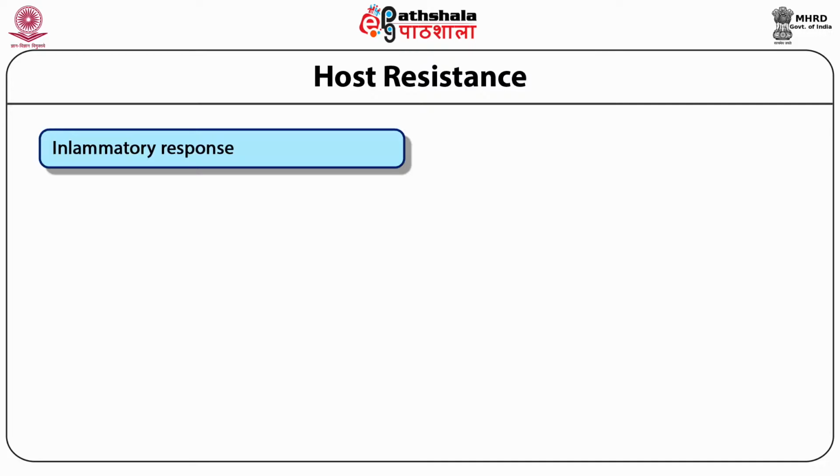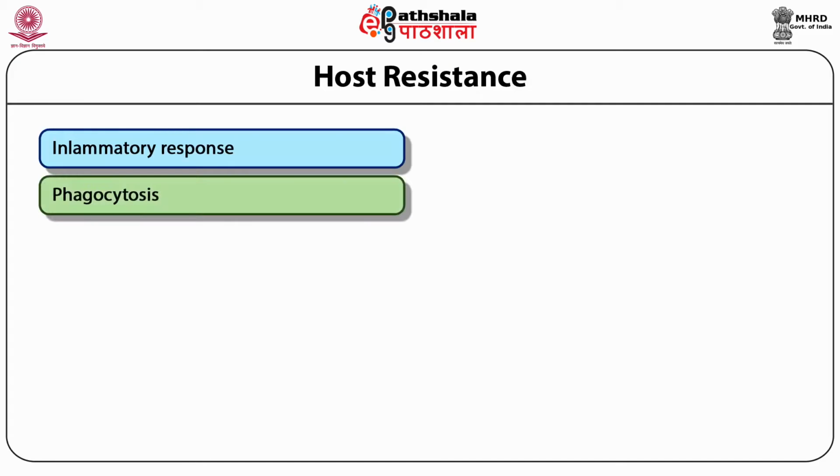So the cells in the immediate vicinity of the pathogen will start exhibiting inflammation, and that inflammation will prevent spread of the pathogen from that particular site. Increase in the temperature also results in increased activity against the pathogen. Second, phagocytosis that we have discussed.